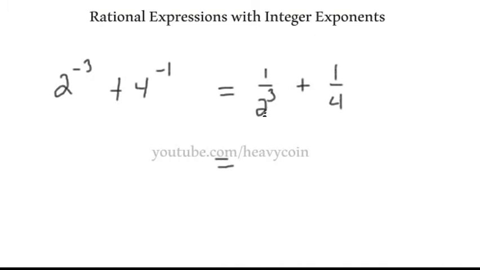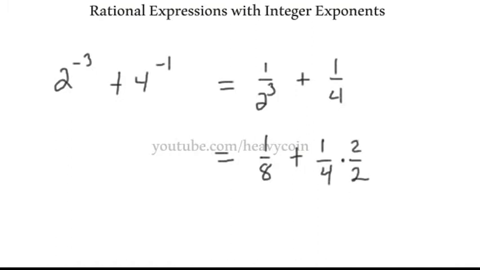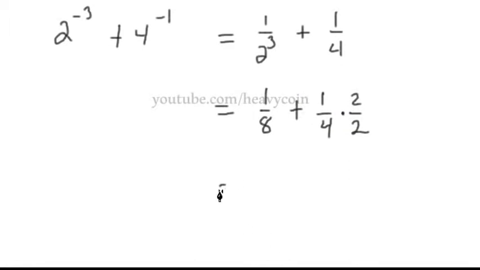And this becomes, let's see, 2 times 2 is 4 times 2 is 8, so this becomes 1/8 plus 1/4. Now we've got to get a common denominator. I'm going to multiply 2 over 2 here, and this becomes 1/8 plus 2 over 8. Now we have a common denominator, so we end up with 3/8 as our answer after simplifying all of this.